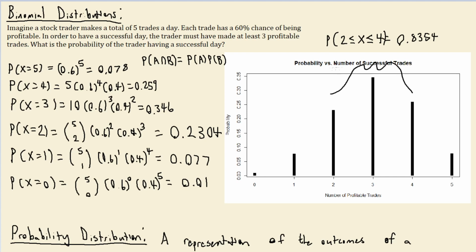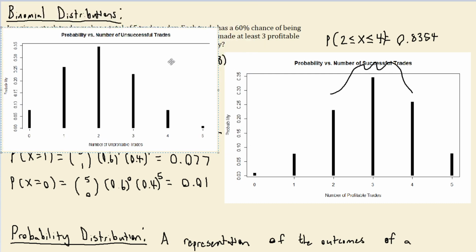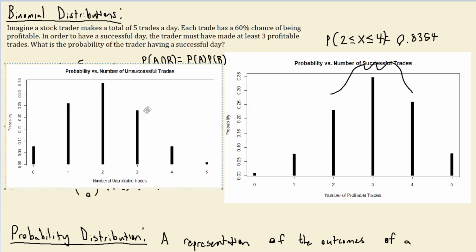And in this case, we're modeling the probability versus the number of profitable trades. We could just as easily draw this distribution given the probability versus the number of unprofitable trades. And what you might expect, and what you might notice here, is that the chance of having 0 unprofitable trades is exactly the same as the chance of having 5 profitable trades.